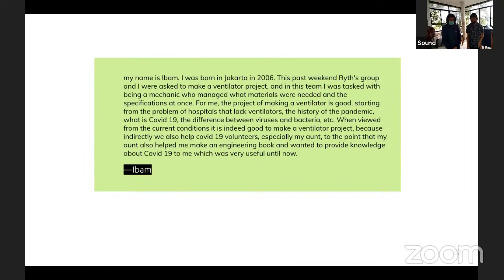When viewed from the current condition, it is indeed good to make a ventilator project, because indirectly we also have COVID-19 volunteers, especially my aunt, who helped make an engineering group and wanted to provide knowledge about COVID-19 to me, which was very useful until now.